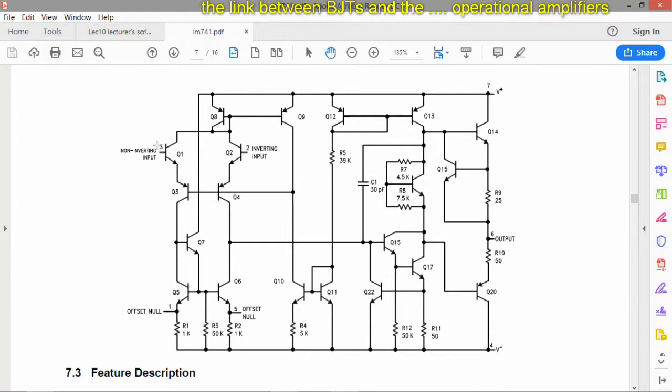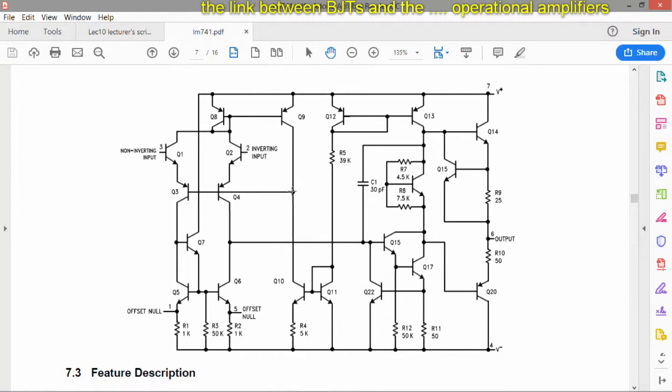Well, it's not as simple as the one I'd shown you here, but that's a differential amplifier. The two BJTs here resemble it a lot. Okay, it's not exactly the same, but it is that. It's a differential amplifier in input.